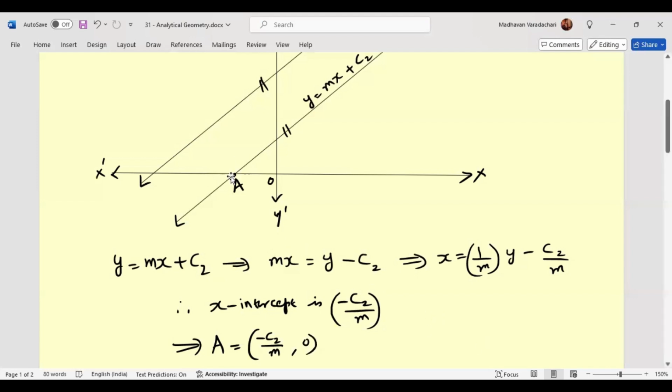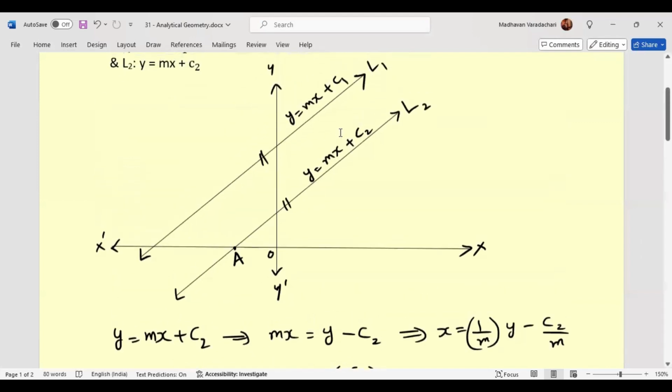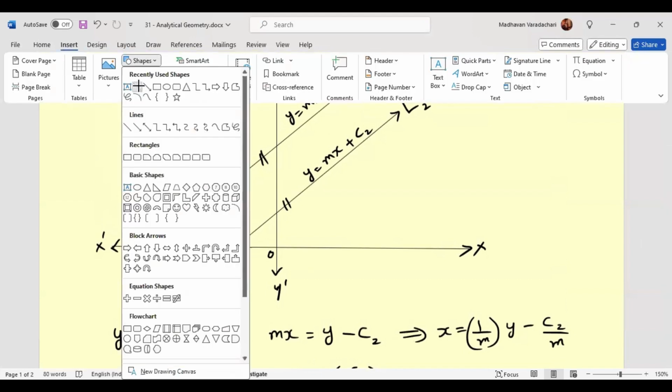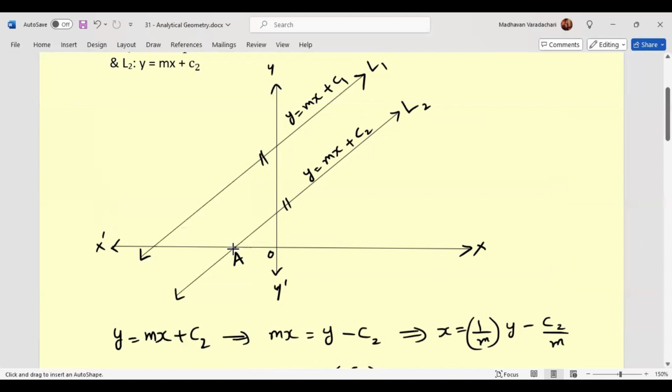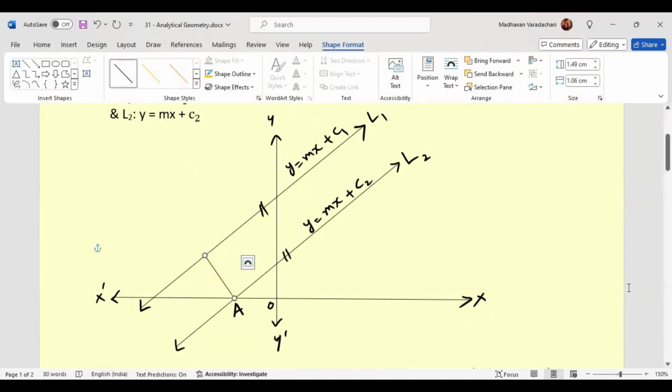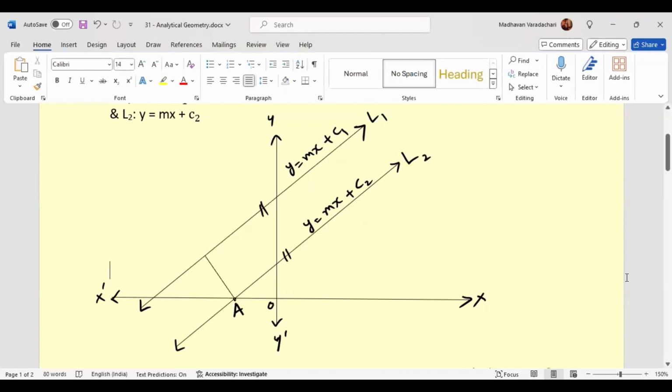So now that we got the point A, we can find out the perpendicular distance between this line and this point. Means let us draw one perpendicular distance from here. So that becomes your perpendicular distance. So this is 90 degrees. So for that, we can use the formula what we know, distance between a line and a point.